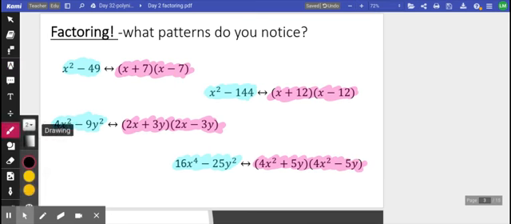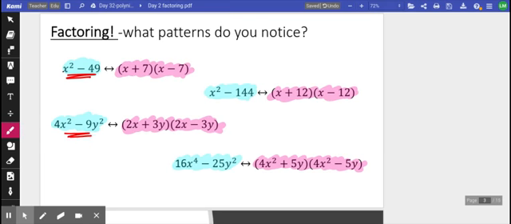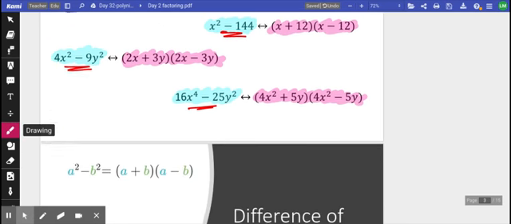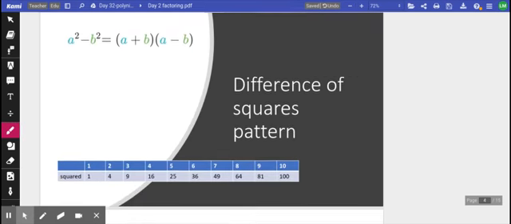All right. A couple things you could have said. You could have said that when we have binomials, there's no x term or y term in the middle, right? You could say when we factor it, we get the same thing, just opposite sign, the conjugate. Keep that pattern in mind because that's really going to help us as we go through these today. This is called difference of squares, okay?